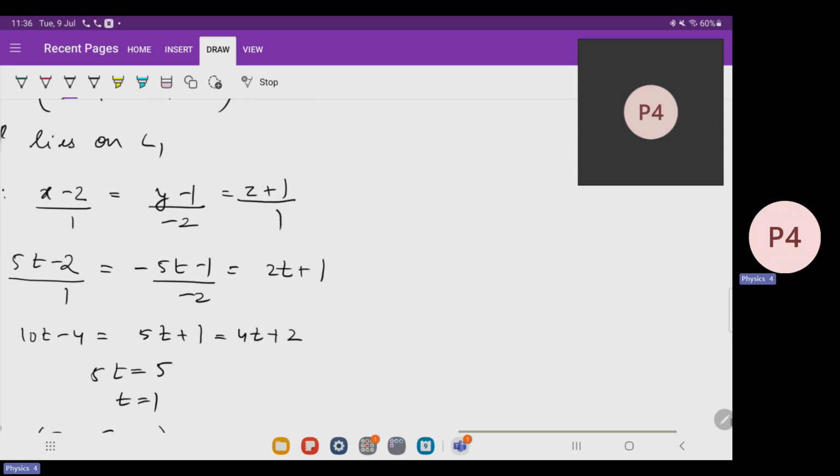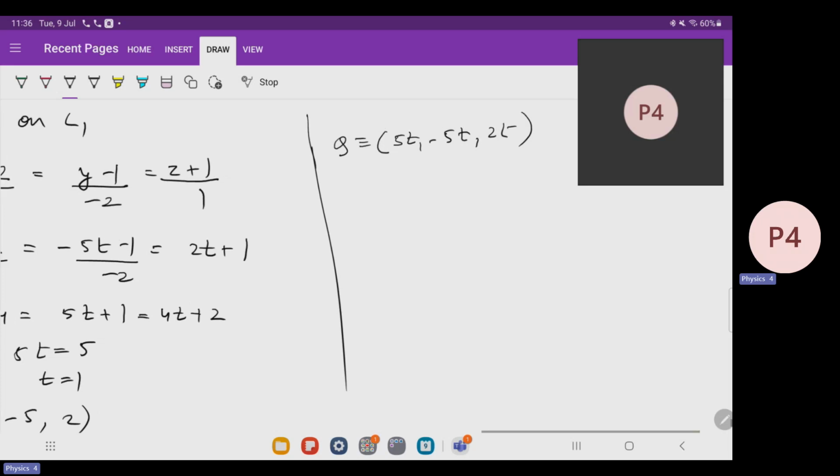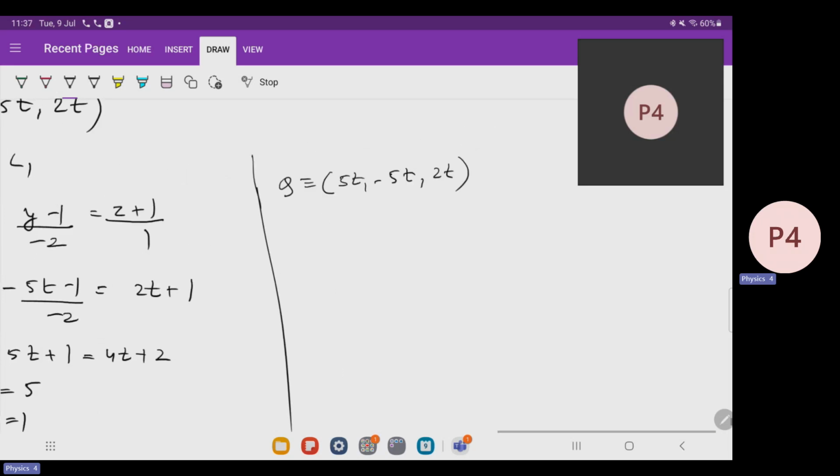Now to find Q, again Q lies on L2 and Q is a point common to L and L2. So Q will be again of the form (5t, minus 5t, 2t). Now this we will put in L2. Now write L2 in the symmetric form. You look at the equation, so you will get (x minus 8 by 3) upon 2, (y plus 3) upon minus 1, (z minus 1) upon 1. This is the symmetric form of L2.